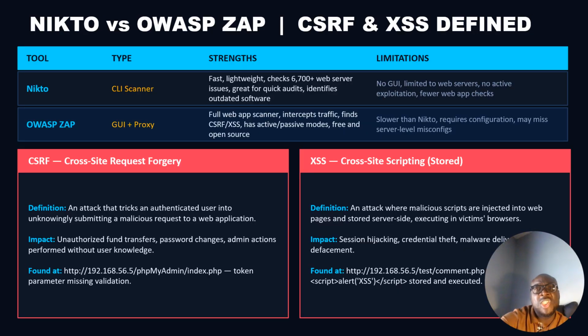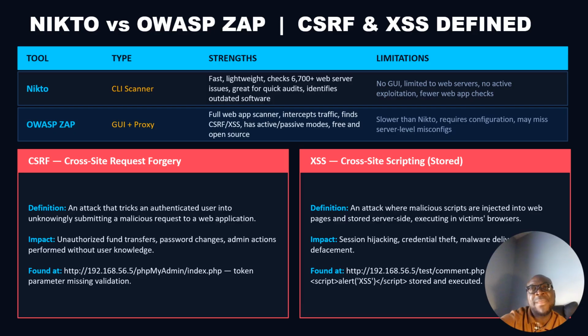Let's compare our 2 web application tools and define the vulnerabilities they found. Nikto is a command line web server scanner that checks for over 6,700 known issues. It is fast and excellent for identifying outdated software, dangerous HTTP methods, and server misconfigurations.